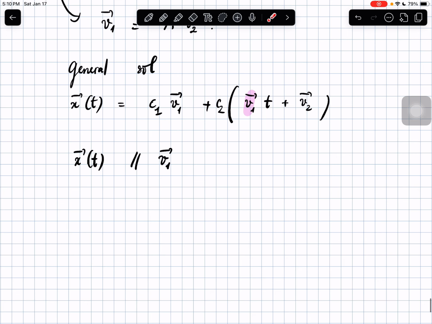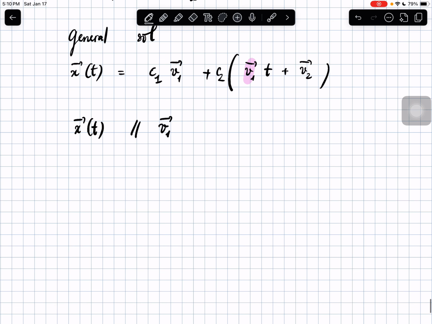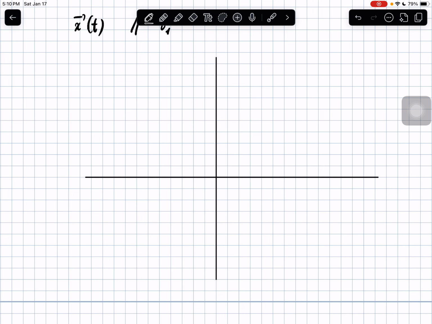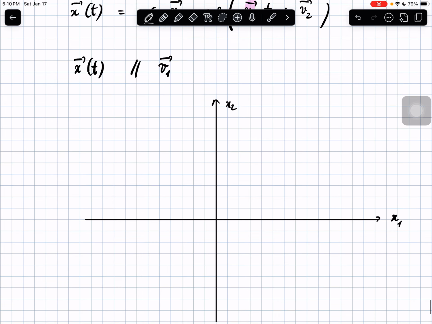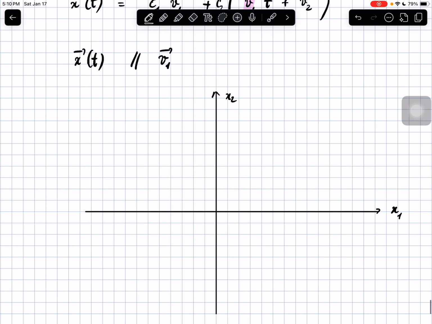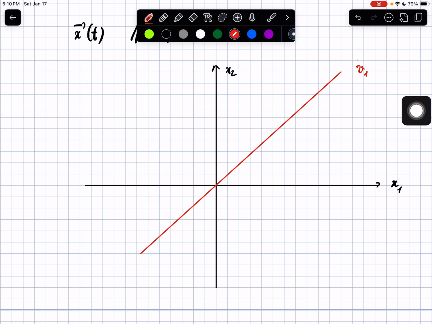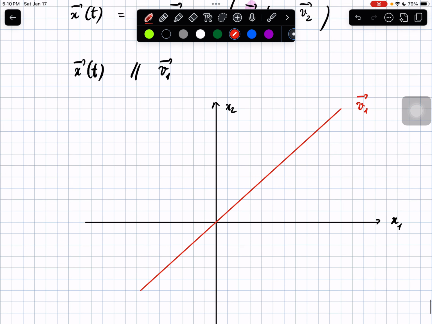What is the other thing? Let's just draw the plane first: x1, x2. Assume that's V1, the actual eigenvector, which gives us this line. Lambda1 is 0.